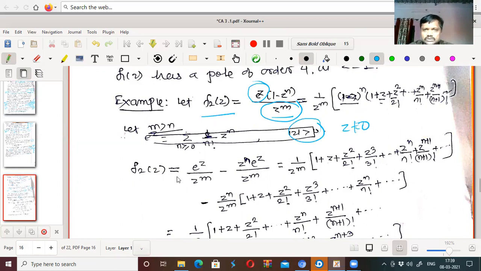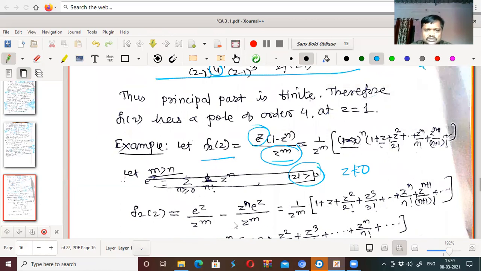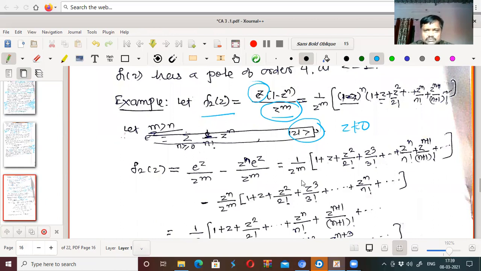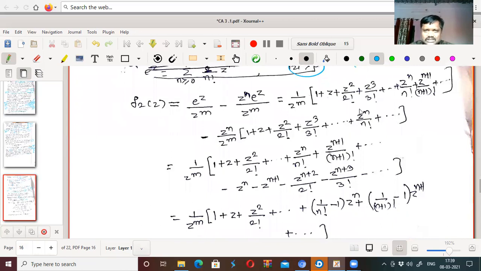Therefore f2(z) equals, now here we have 1 minus z to the power n. That can be written in this way also: e to the power z upon z raised to m minus z raised to n e to the power z upon z raised to m. That is 1 upon z raised to m; first is e to the power z, second is this one. Same thing, only the expansion we have taken. If we take 1 upon z raised to m common, you get the terms 1 plus z plus z squared by 2 factorial plus up to z raised to n by n factorial, plus z raised to n plus 1 upon n plus 1 factorial.